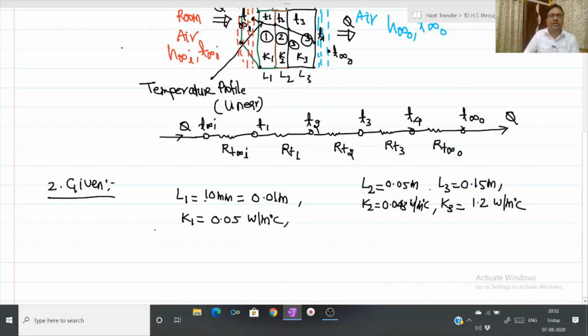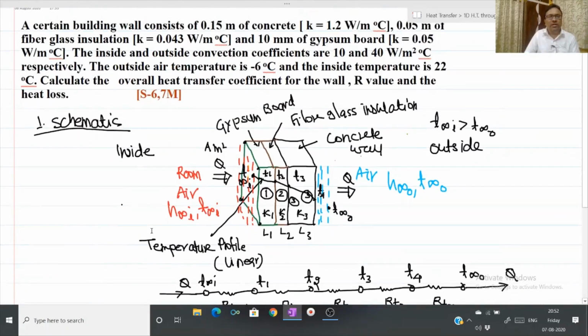Similarly, we have been given the inside and outside convective coefficients are 10 and 40 watt per meter square degree Celsius, and outside air temperature -6 and 22.